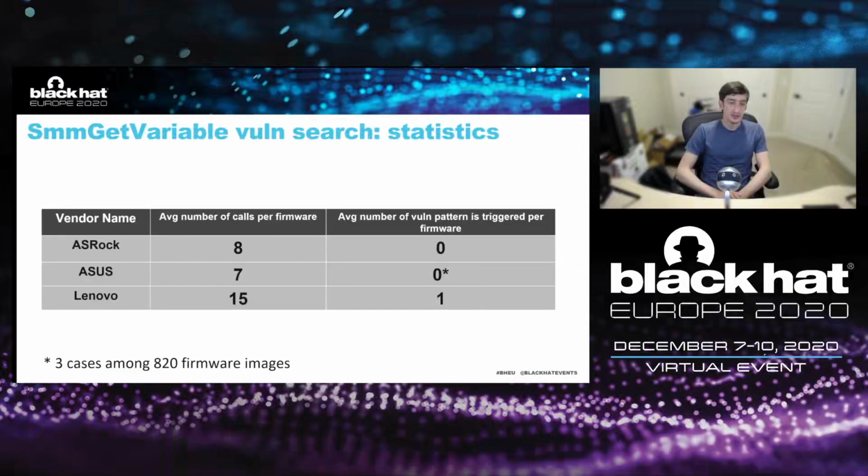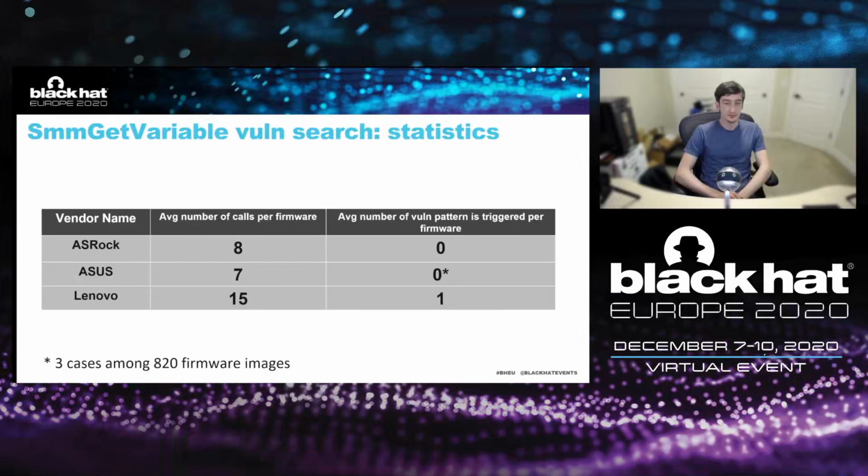More interesting is the statistics. We noticed that the SMM, which, as you remember, is quite a privileged place, you should probably, as a vendor, protect it. And from that perspective, this is probably what is happening, because if we compare that with the amount of get variable calls on a DXE stage from the runtime services, the average number, that amount of attack surface, is quite smaller, and the amount of potential security vulnerabilities triggered is near zero.